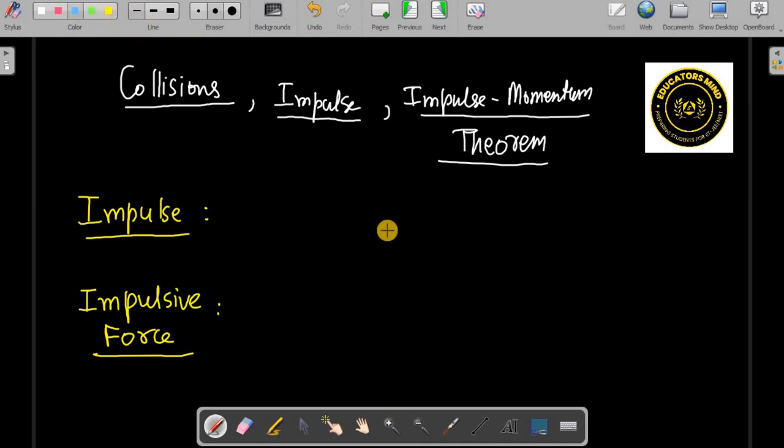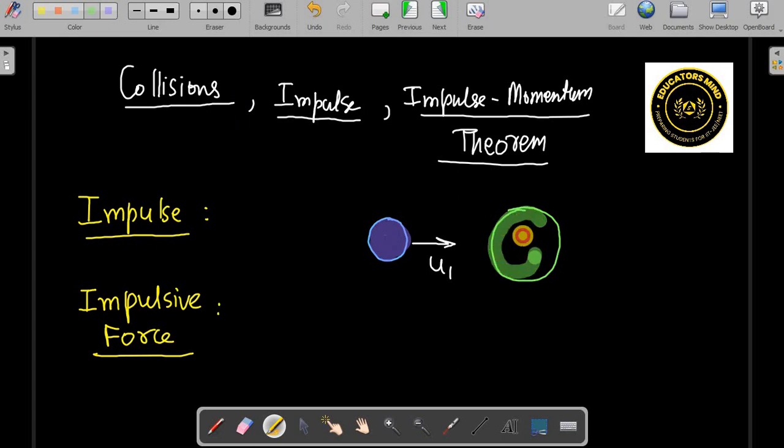Suppose there is a body. Let us understand this with an example. Suppose this is a body, going with some velocity, let's say initial velocity v1 or u1. And there is another body going with velocity u2.